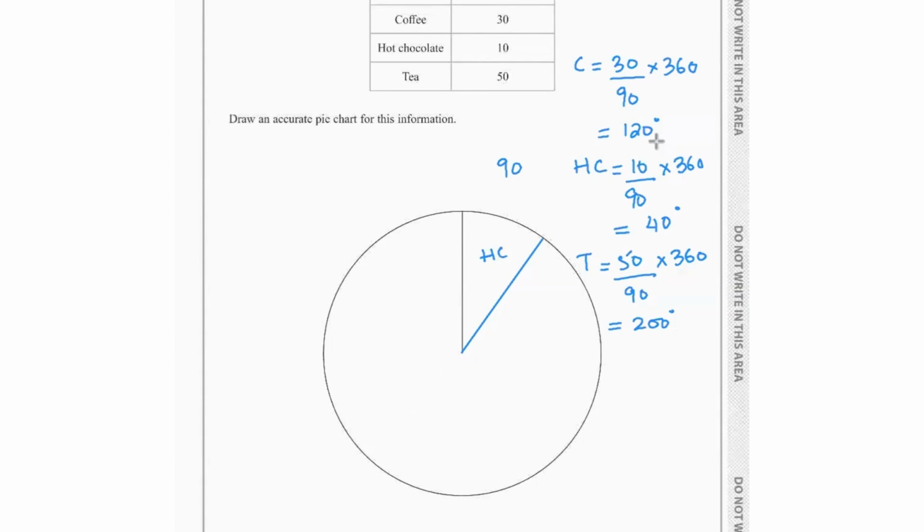Then 120 is going to be somewhere over here. That's your coffee, and this entire thing is your tea. Obviously, using a protractor, it's going to be more accurate since I'm drawing freehand over here. So approximately that's hot chocolate, that's coffee, and that's tea.